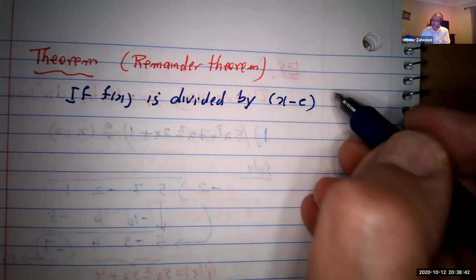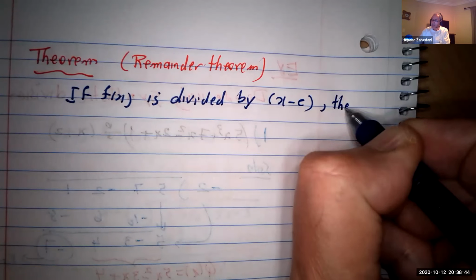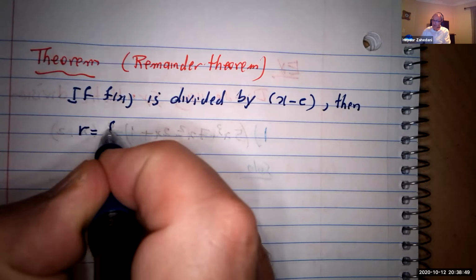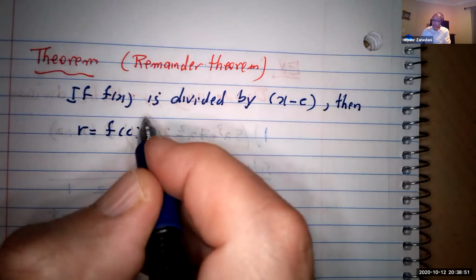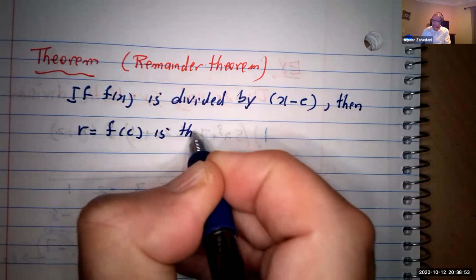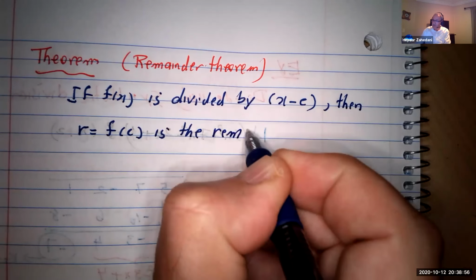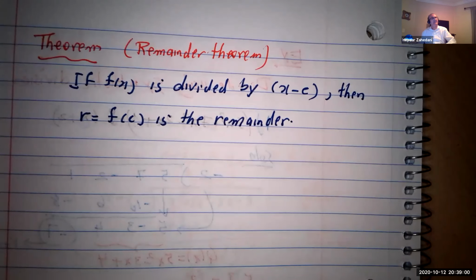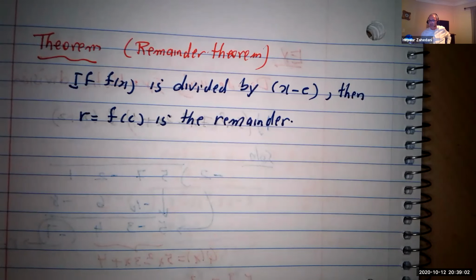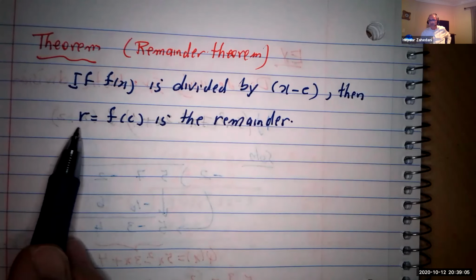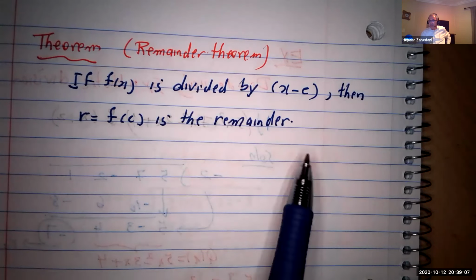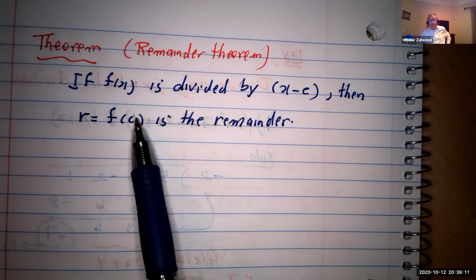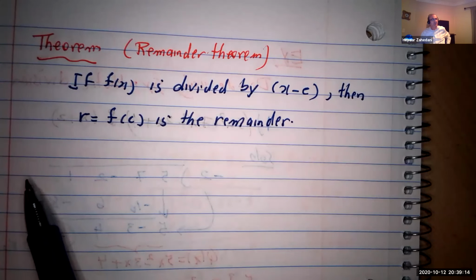Then if there is going to be a remainder, r equals f of c is the remainder. If it's going to be divisible, the remainder is 0. In that case, c would be a zero of the polynomial.